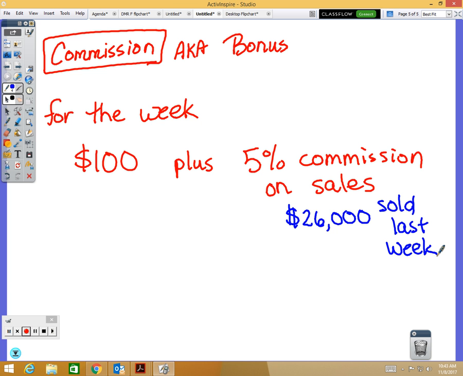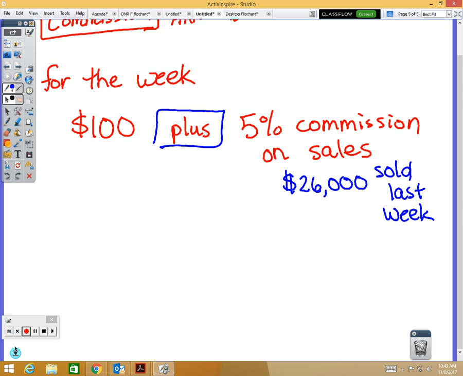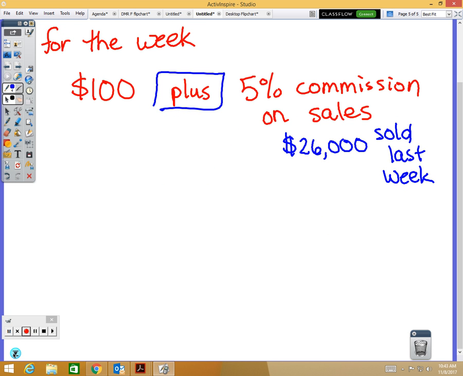So they earn $100 plus 5% of $26,000. They're not getting $26,000. The car lot, that company isn't getting that money. They're just getting 5% of that. So first of all, we need to find 5% of $26,000, which would be 0.05 times 26,000.